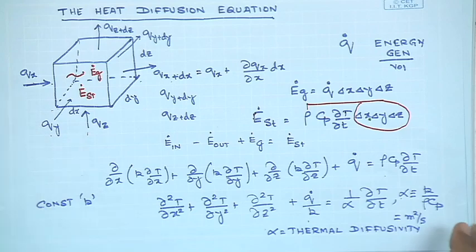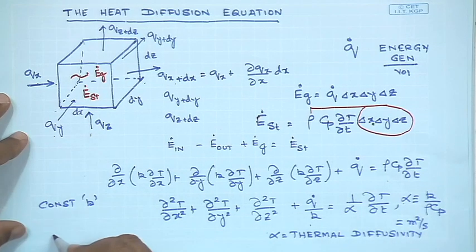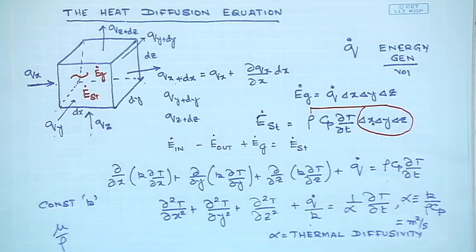When we spoke about the momentum diffusivity, which was denoted by mu by rho, the kinematic viscosity, its unit was also meter square per second. So, mu by rho is sometimes called the momentum diffusivity.